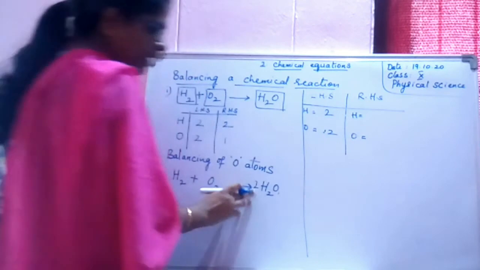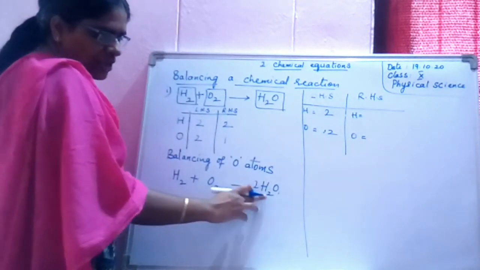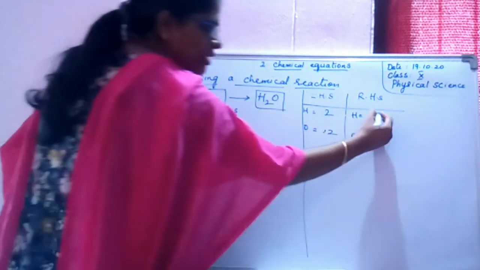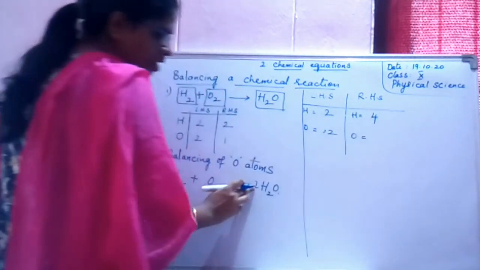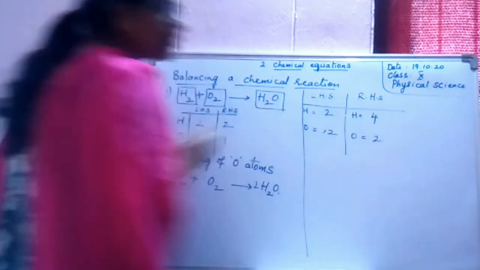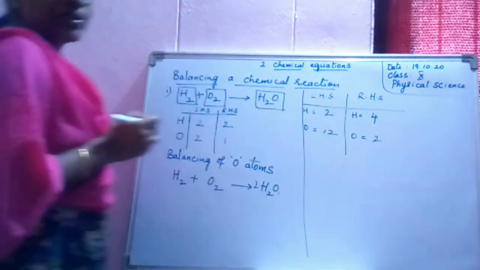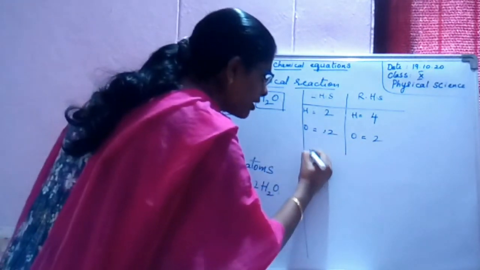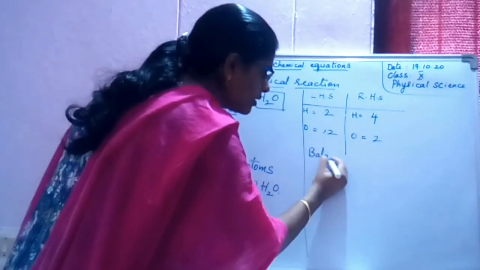Look at here. Hydrogens. How many? 2 into 2, 4. How many oxygens? 2 into 1, 2. Now by looking at the table, which one is not balanced? Hydrogens. Right.